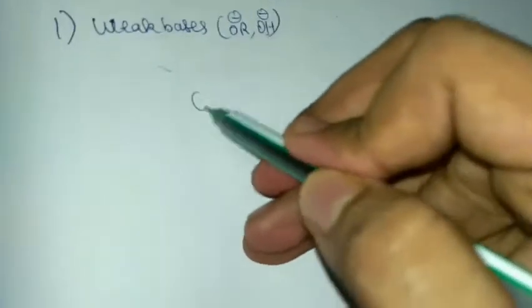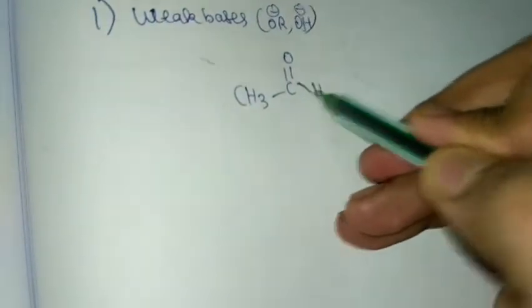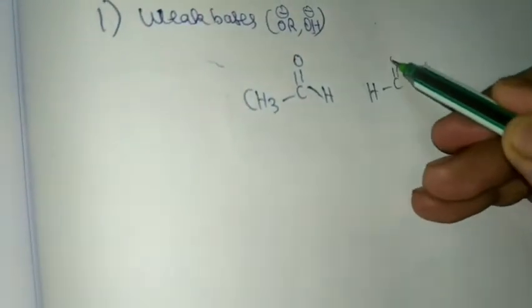Which products we are neglecting, or we are stopping the reaction to happen, is the self condensation of the acetaldehyde, right? So you take this acetaldehyde and also take formaldehyde.